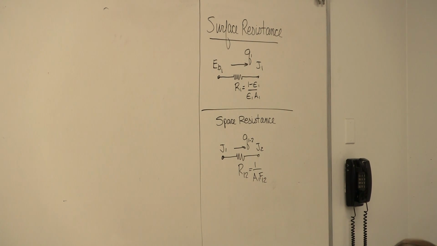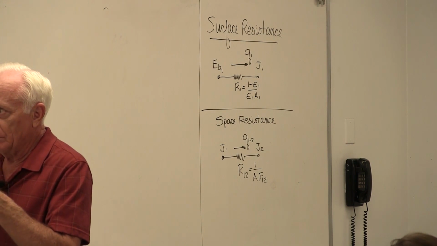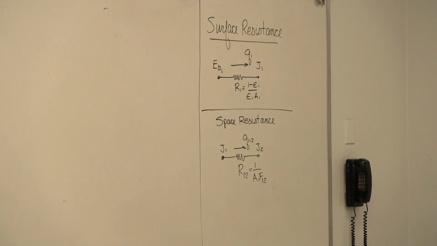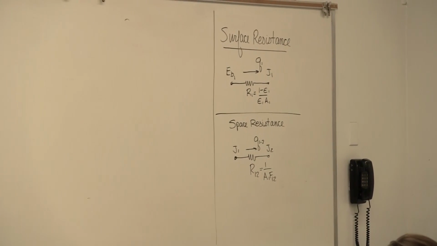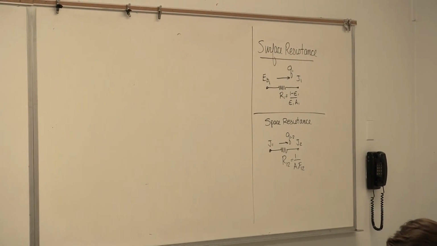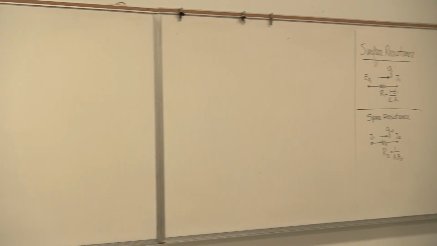Okay, so we're looking at enclosures, and we're trying to find the heat exchange between surfaces in an enclosure. We're going to look at a specific example. It's a cubicle enclosure. Surface A1 is the right-hand wall.